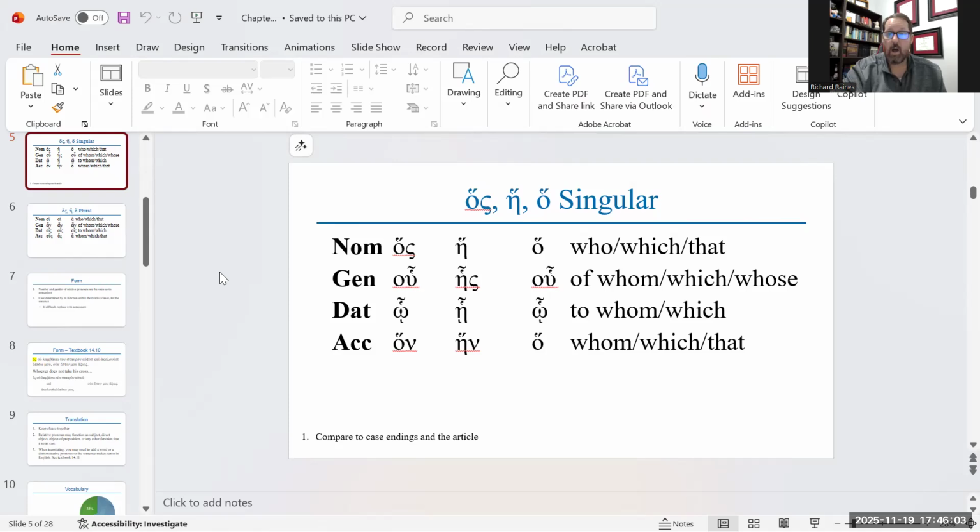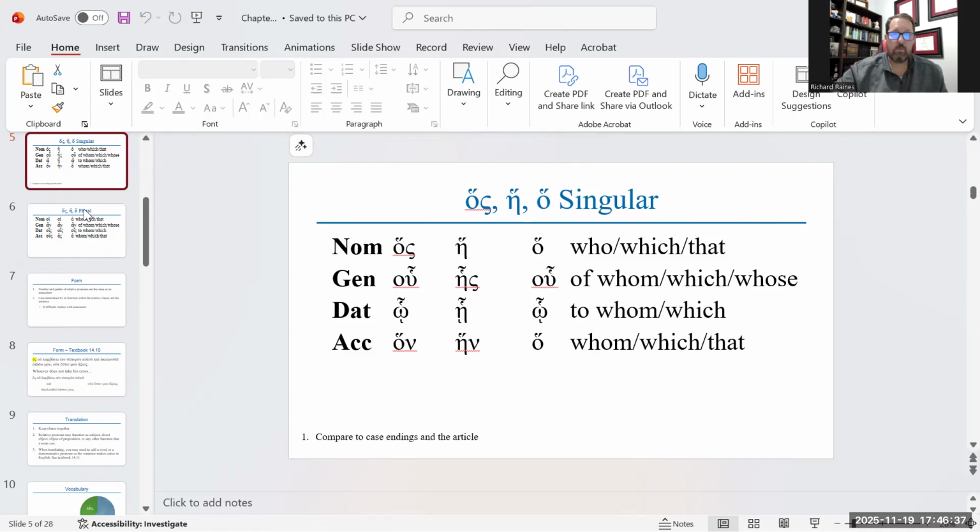Hos, he, ho, or ha would be your nominative singular. Who, which, who. See the circumflex, see the rough breathing mark in the masculine and the neuter. It's the same, right? In the genitive, it'd be of which, or of whom, which, or whose. Remember the genitive is possessive, so you've got to put the "of." Dative, ho, he, ho. That's to whom, or to which. And then in the accusative, hon, hen, and ho.